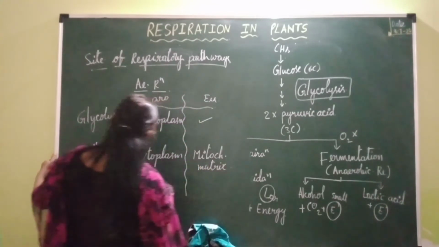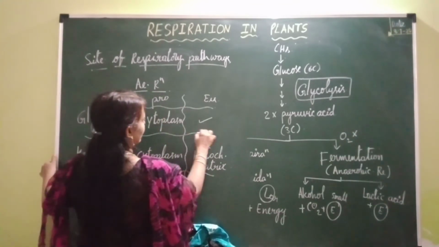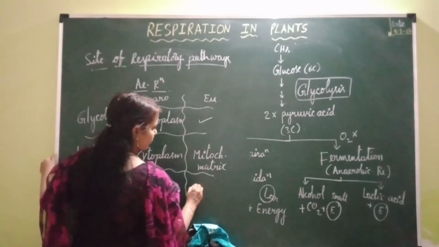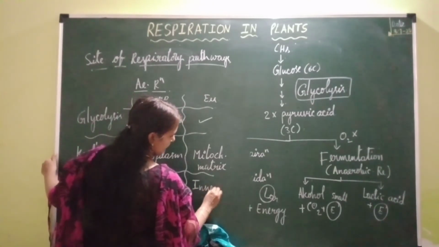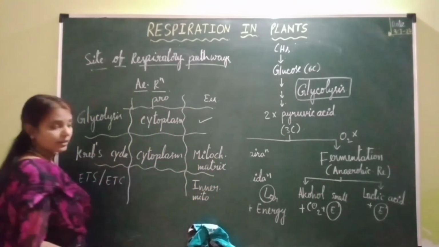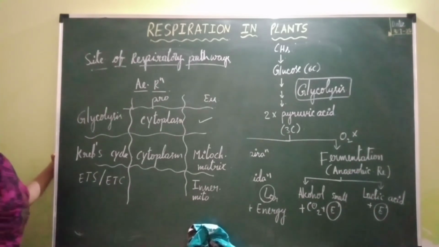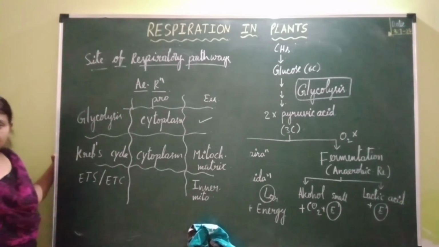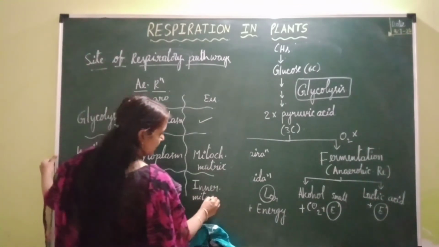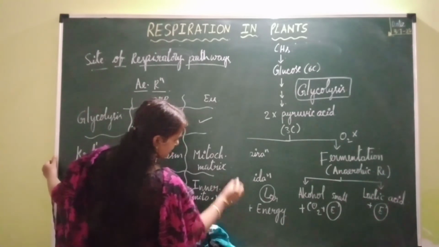Next, coming to ETS or ETC. This electron transport chain occurs on the surface of the inner mitochondrial membrane, because the enzymes and other electron carriers required for the electron transport system are present on the surface of the inner mitochondrial membrane.